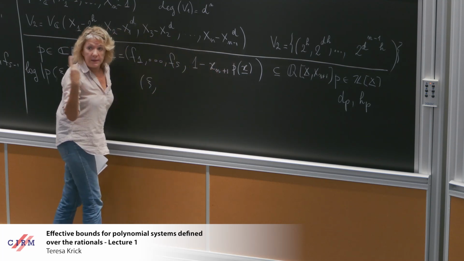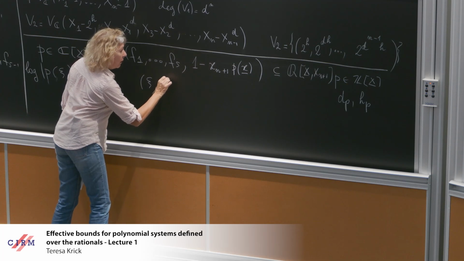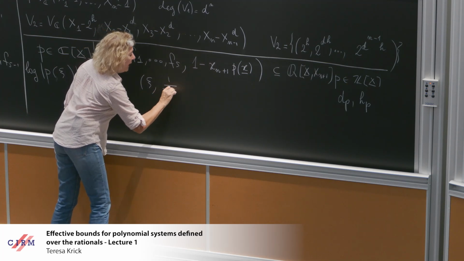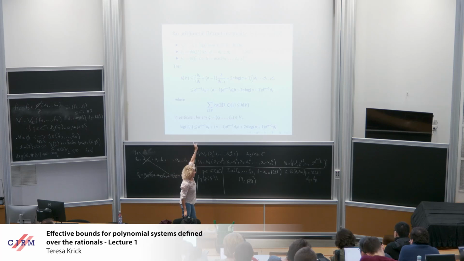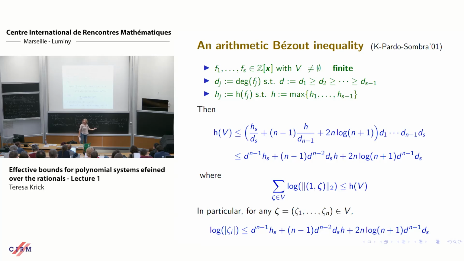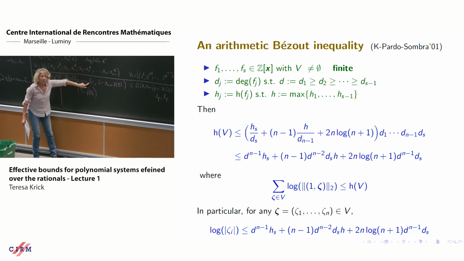If p of zeta is not 0, that means that x_{n+1} is 1 over p of zeta, right? These are the zeros. But my previous result says how large the height of all these coordinates can be. So using that, I have an upper bound for the log of 1 over p of zeta.